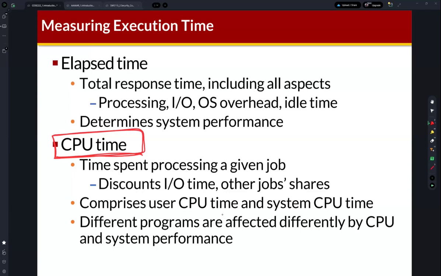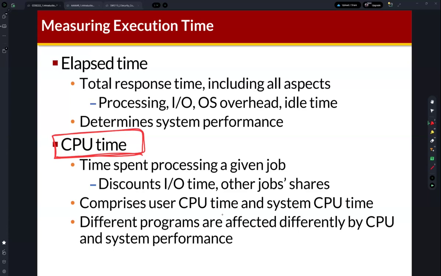Then what is the CPU time? All these factors are removed. So we assume that a single application or a single thread or a single process runs on a CPU, so only one application runs on a CPU. So this is the CPU time.